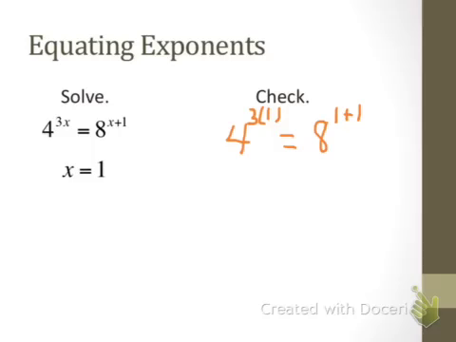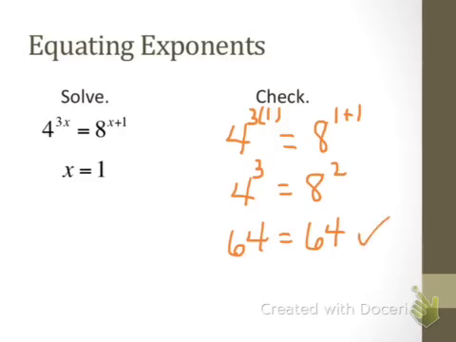So 3 times 1 is going to be 3, so that's 4 cubed. And 1 plus 1 is going to be 2, so that's 8 squared. Well, 4 times 4 is 16, times another 4 gives me 64. And 8 squared also gives me 64. So indeed, x equals 1 does check out, and it is the solution to our equation.